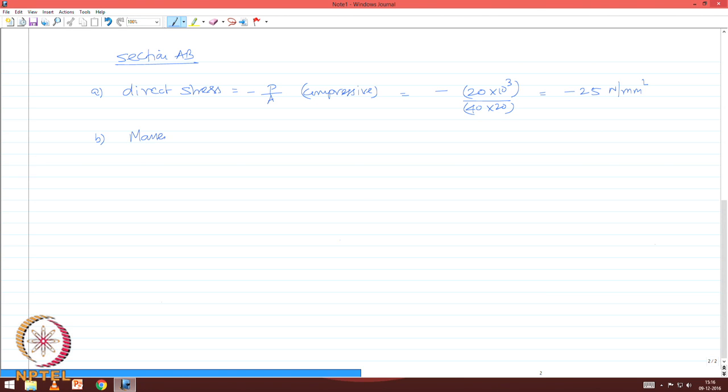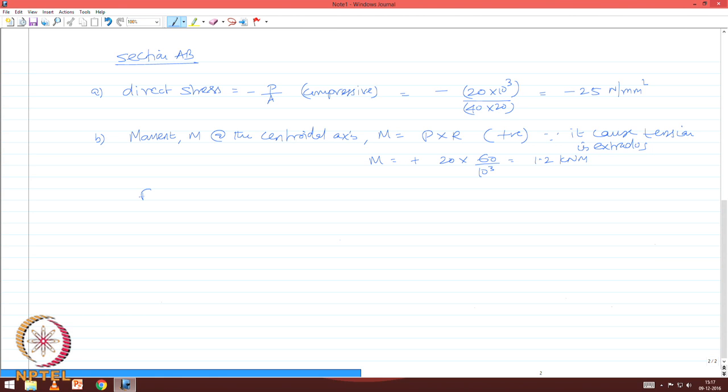Moment M at the centroidal line is actually equal to P into R, which will be positive because it causes tension in extrados. So, moment will be plus 20 into 60 by 1000, which is 1.2 kilonewton meter.